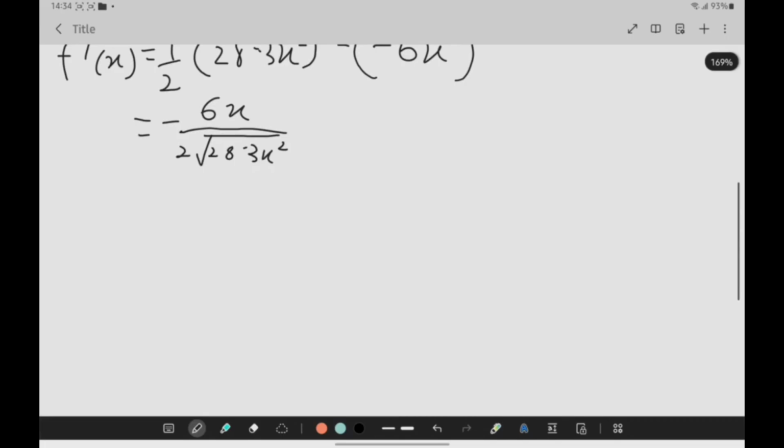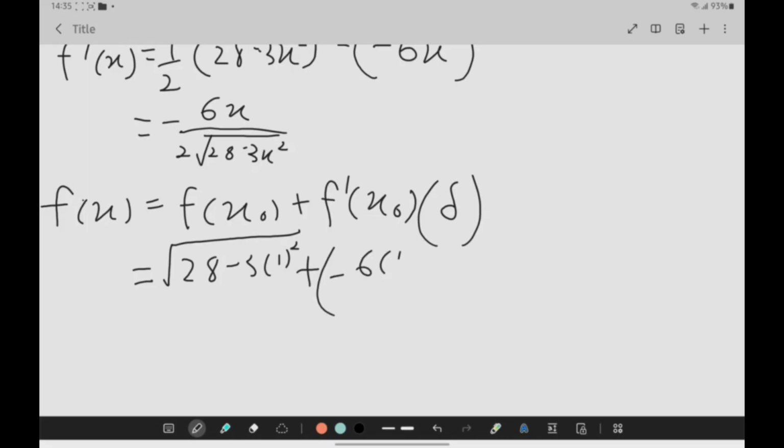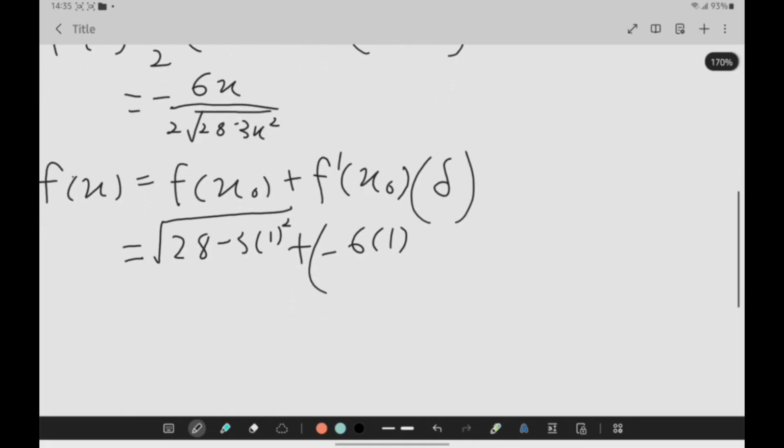After you get all this, you put it into the formula: f(x0) plus f prime(x0) multiplied by delta, which will be, if I'm correct, 28 minus 3 multiplied by 1 to the power of 2, plus this 6 over 2 28.